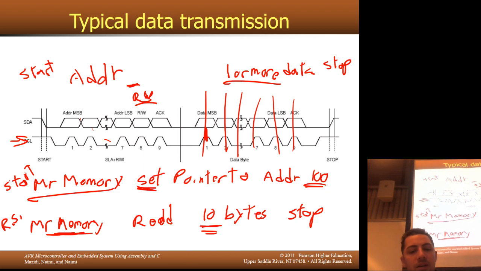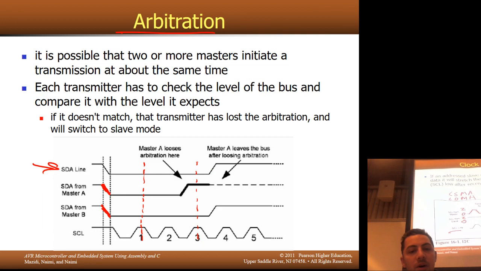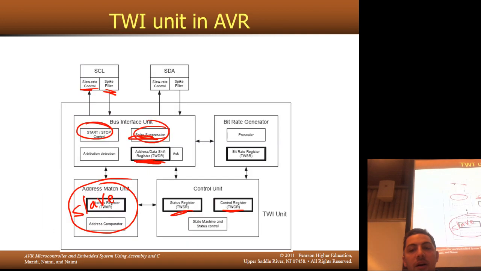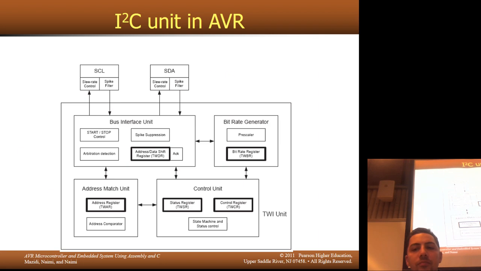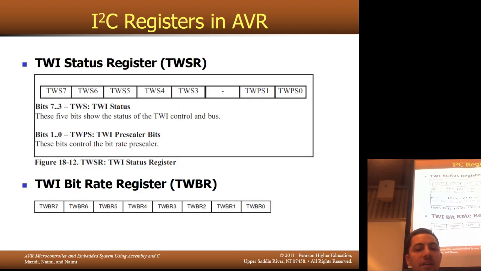Okay, so let's continue on here. So there's our two-wire interface unit. Let's get right into the good stuff. The status register. Here are the status bits. Here are the prescaler bits. There's only two fields.